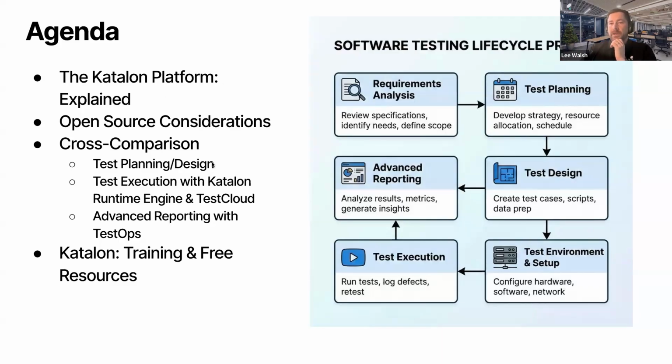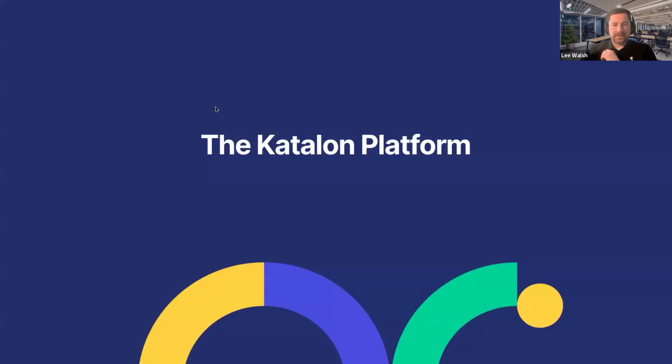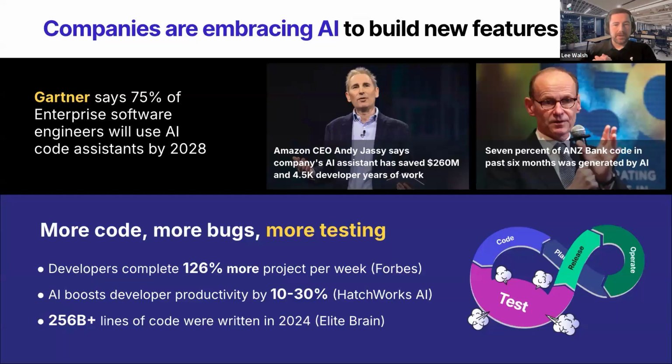So quickly, let's set some context on why AI augmented testing or AI powered testing is becoming so critical for companies. Firstly, companies are now accepting and embracing AI across their business more than ever. This means developers are now better equipped to complete their day-to-day work.